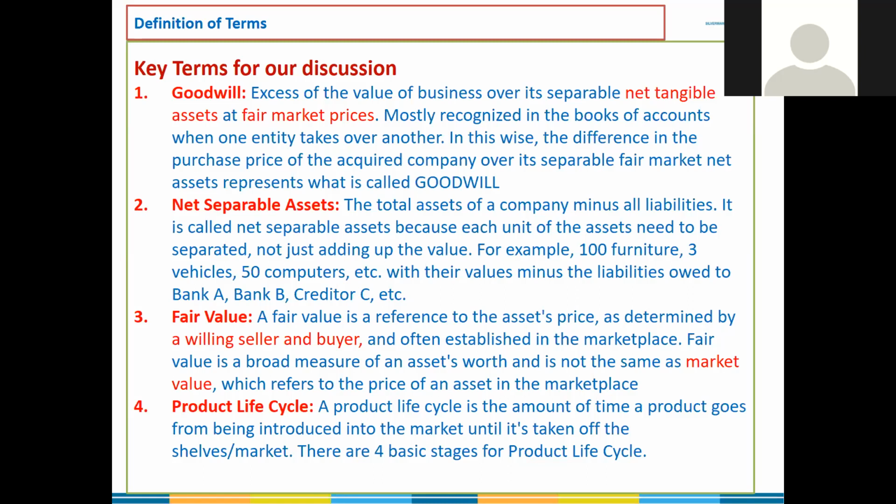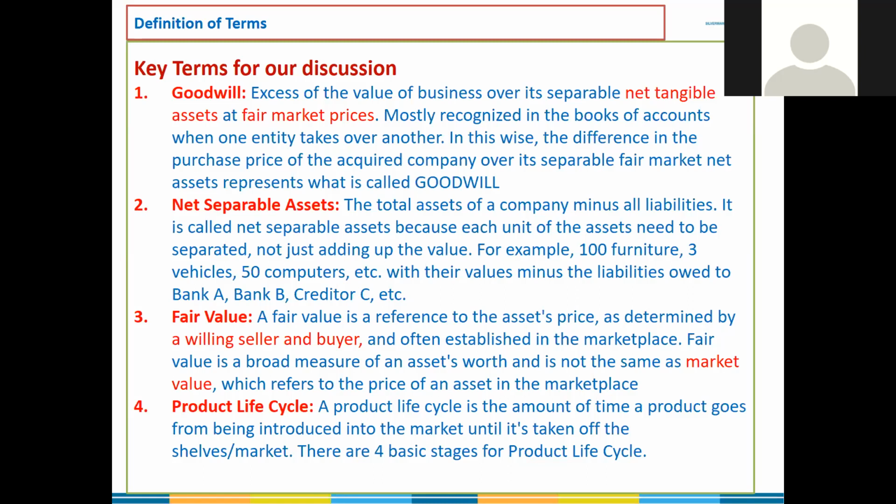That 10,000, to the new person and also to the original owner, becomes what we call the goodwill, because the value there is higher than what was actually purchased at. But this price is the fair value. The fair value is often established in the marketplace. Fair value is a broad measure of an asset's worth.